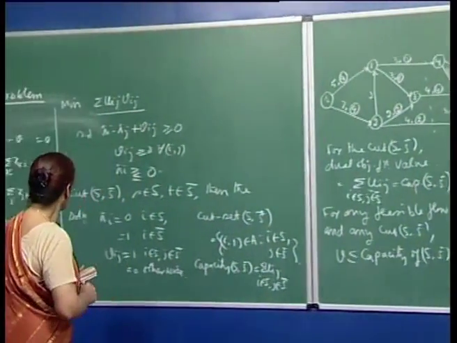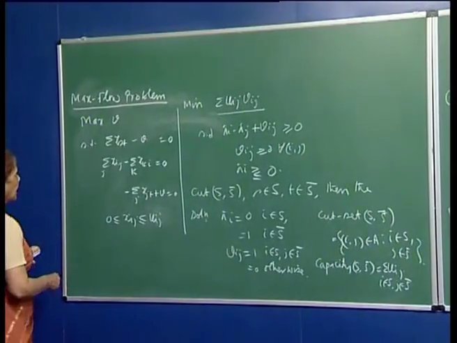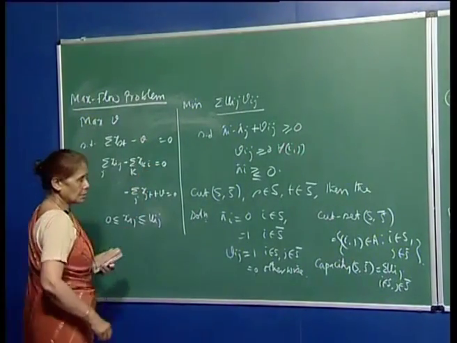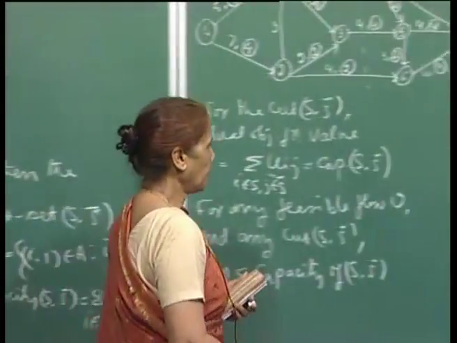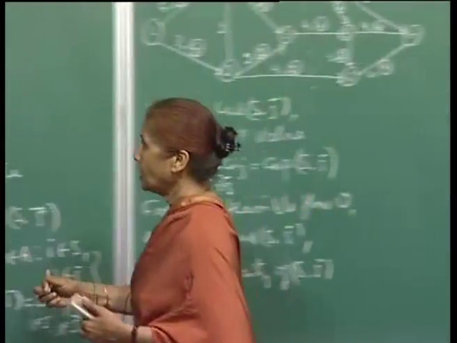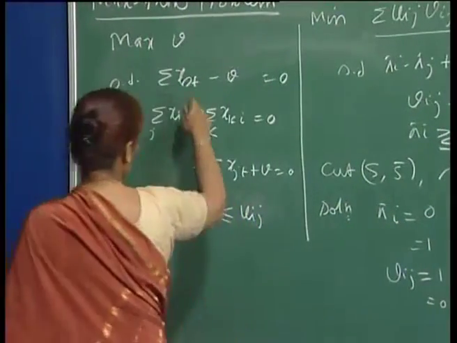And here what we do is, just add up these flow conservation equations. So I'll just write it out, add, because this is for each I, for each node there is a constraint.